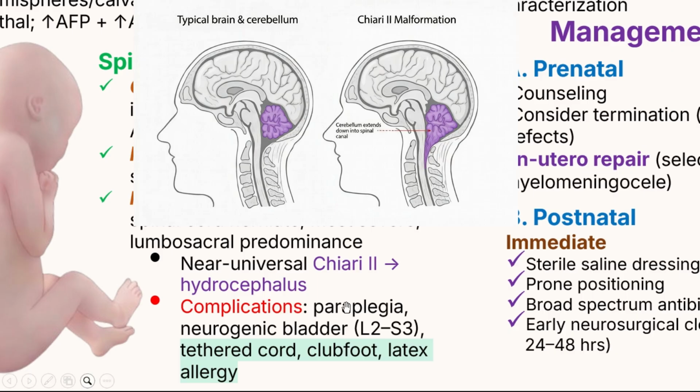And the complications are going to include paraplegia, because imagine you are compressing the things that are passing through there, like the pyramidal tracts and everything. You're compressing a lot of neurons there. Then you can have a neurogenic bladder due to disruption of L2-S3 nerves.